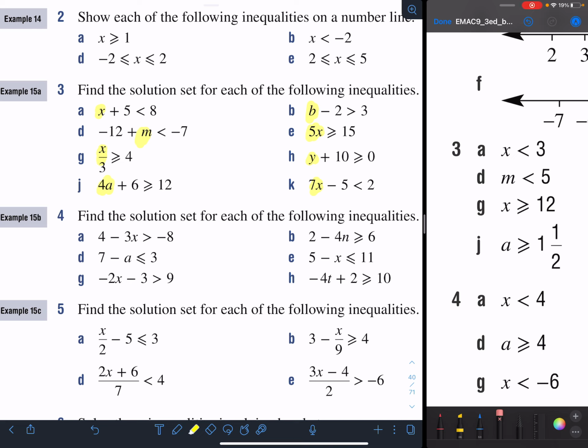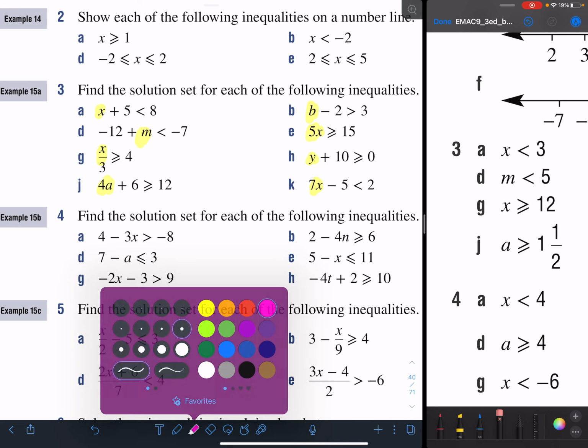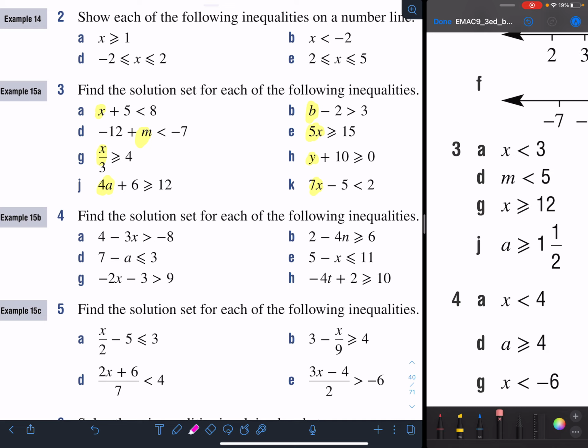They're all positive, whereas in another video we'll look at the more difficult solving of inequalities where we have a negative pronumeral, such as the ones highlighted in pink. So we're looking at the ones highlighted in yellow for this video.